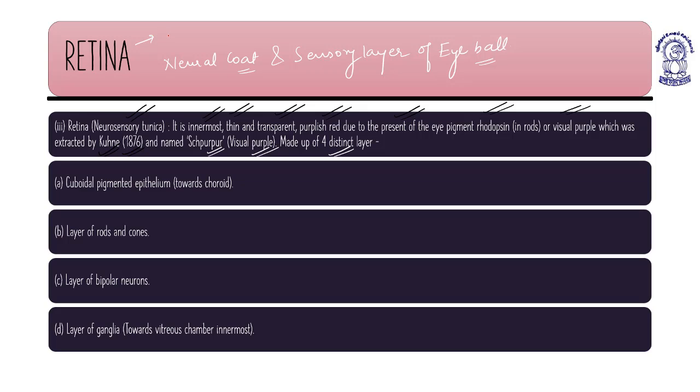So the retina's external surface is in contact with the choroid, and its internal surface is in contact with the vitreous humor.